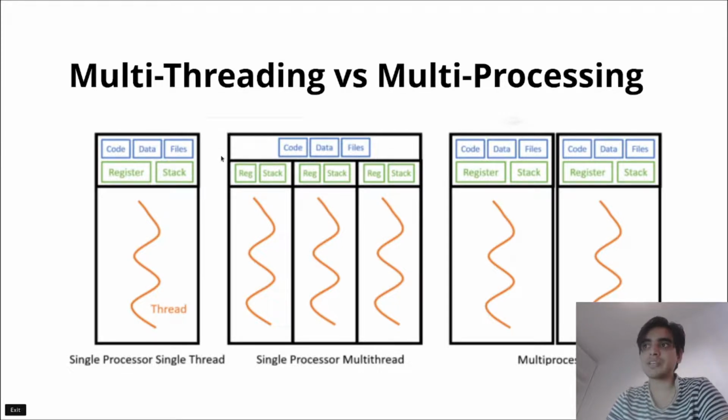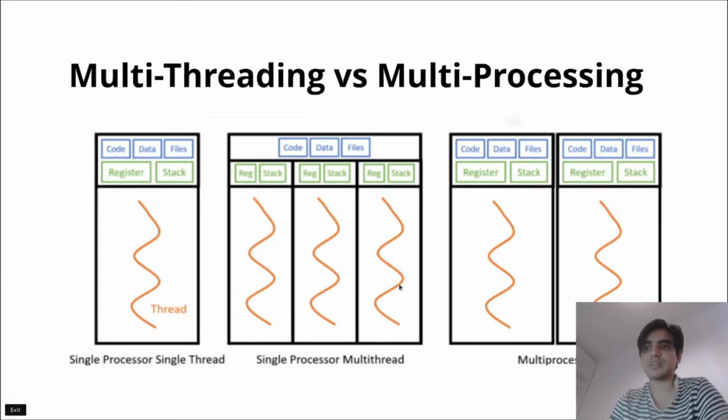It will again use a single processing unit for code, data and files, but a different register and stack for each thread. In the case of multiprocessing, it will actually use two CPUs on your machine, and it will generate two copies of code, data, and files, and also of register and stack, for each.